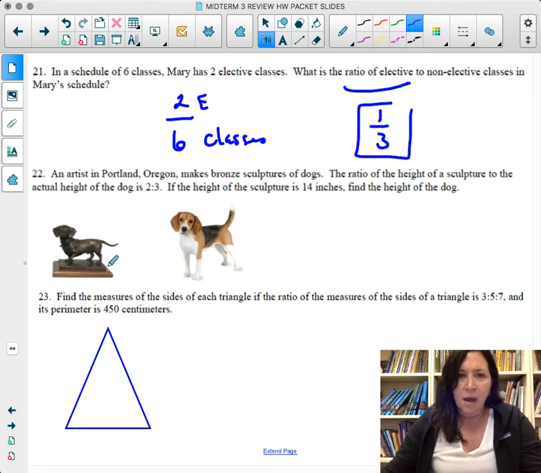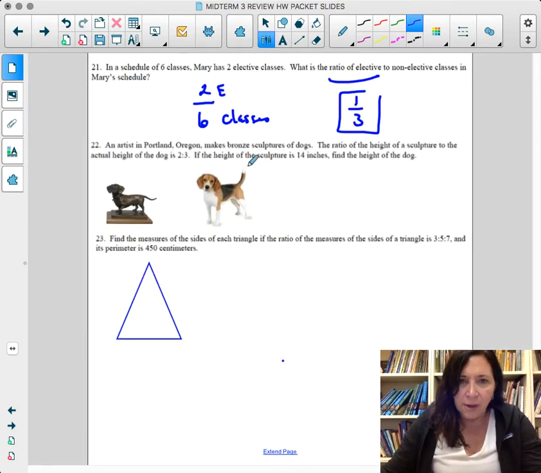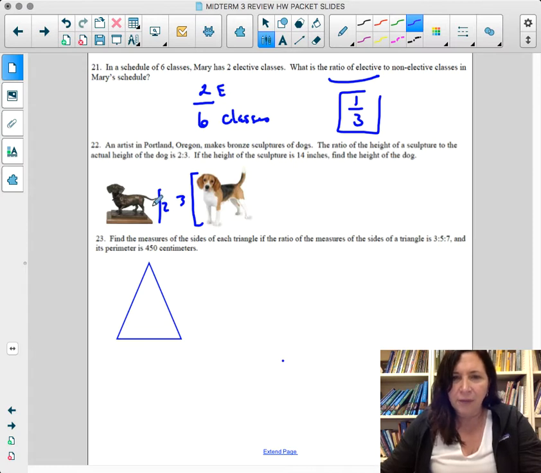Okay. An artist in Portland, Oregon, makes bronze sculptures of dogs like that. The ratio of the height of the sculpture, so they're looking at this height, to the height of the dog is 2 to 3. So if the height of the sculpture is 14, you'd go 2 is to 3 as, because you're doing sculpture is to dog as sculpture is to dog.